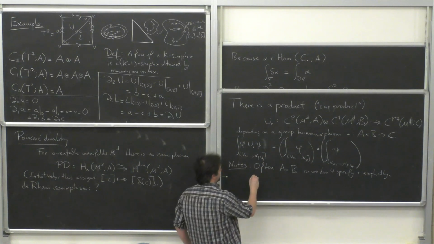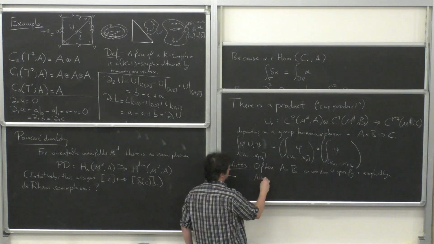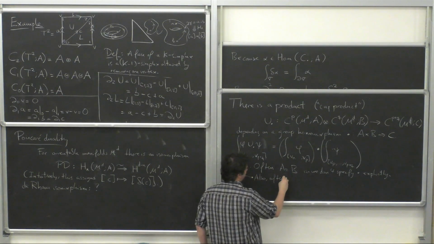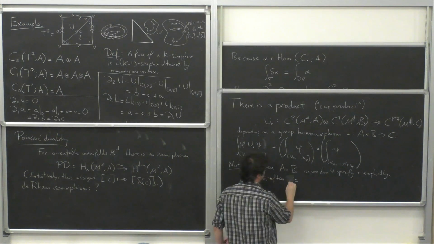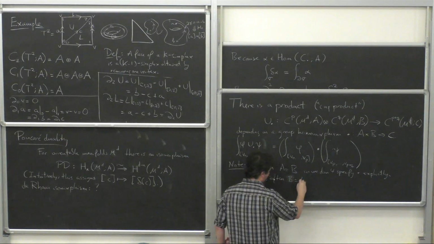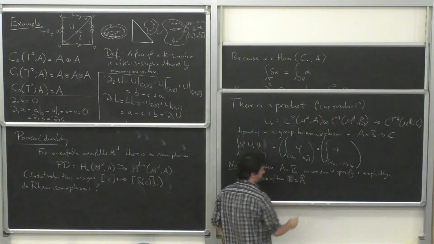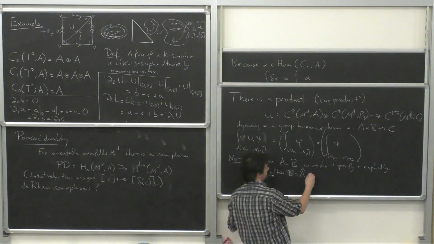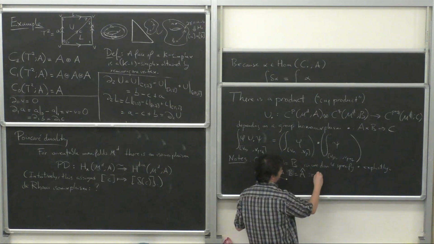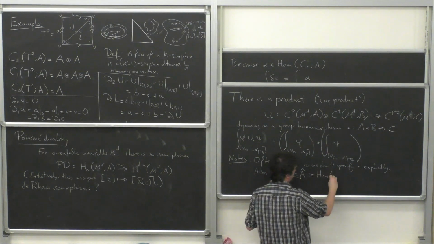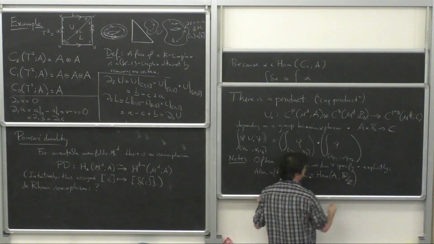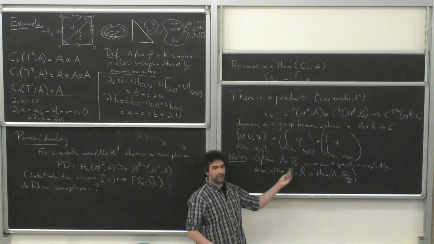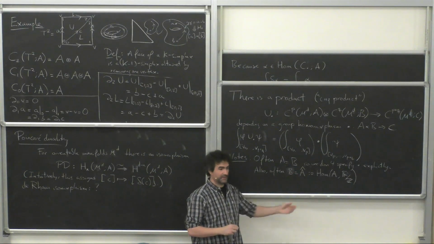Another typical case is that B is the Pontryagin dual of A, which by definition is the group of homomorphisms from A to U(1). Because these are abelian groups, it's more natural to think of R mod Z, but this is just U(1).